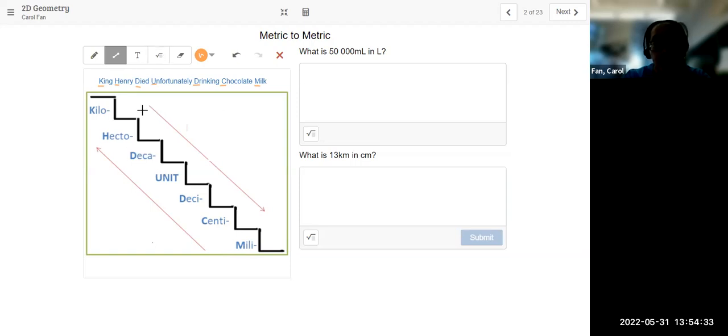Okay, so when we're going from a larger unit to a smaller unit, we always multiply by 10.